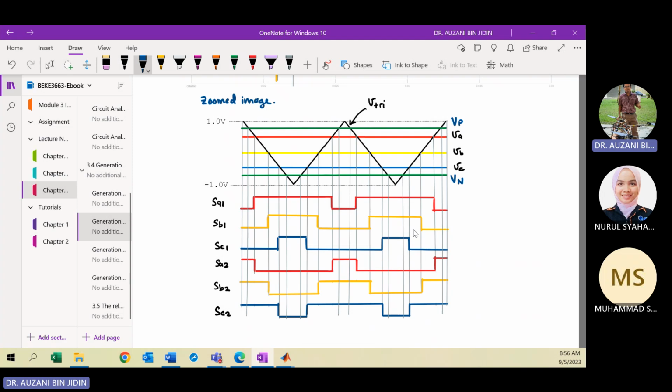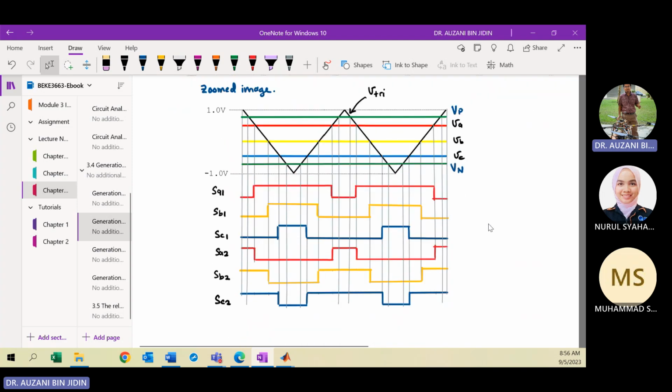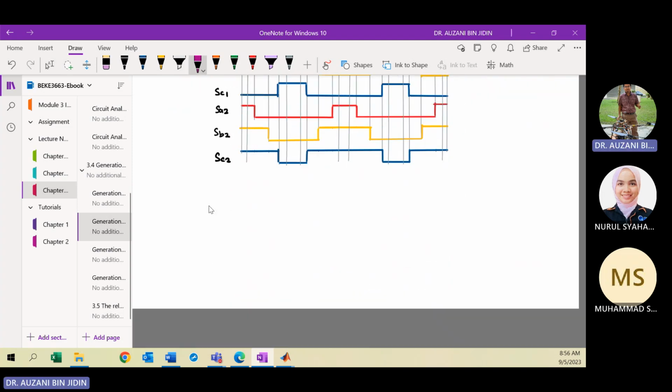So how about the Z source? Okay, for the Z source, maybe you need to write here. Z source. So maybe I put the note here.